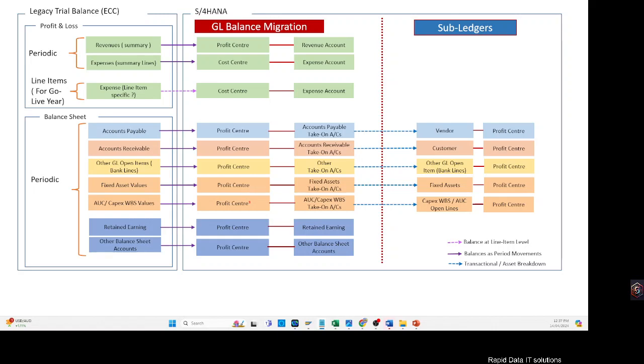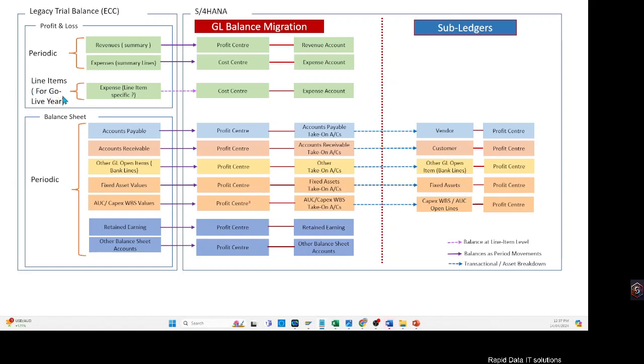And in case of current fiscal year, there could be some requirement from business to have individual line items for specific accounts, and that's what there is a line there which tells about the line items for go live year at the top of the left hand side. Let me just point you out.